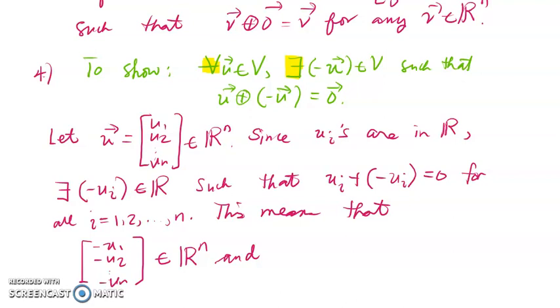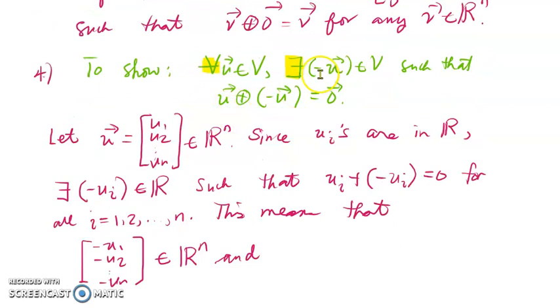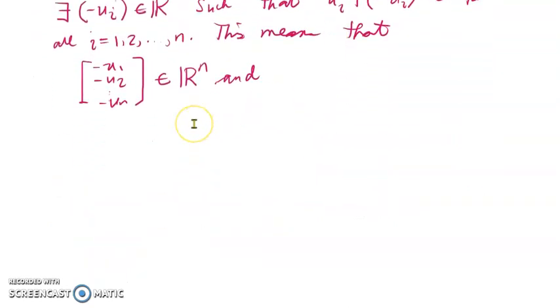This means that this particular matrix is in Rn, and we verify if it's true. So let us add it to our u since we found its negative.